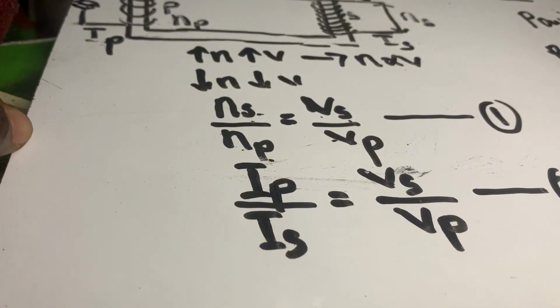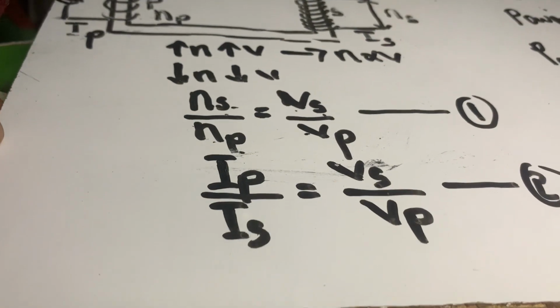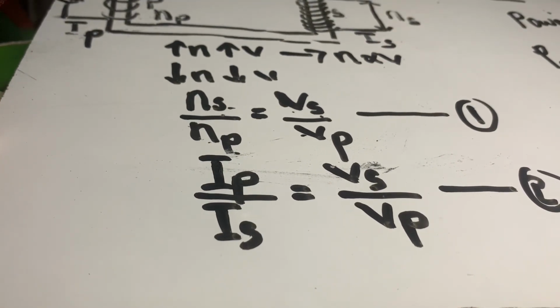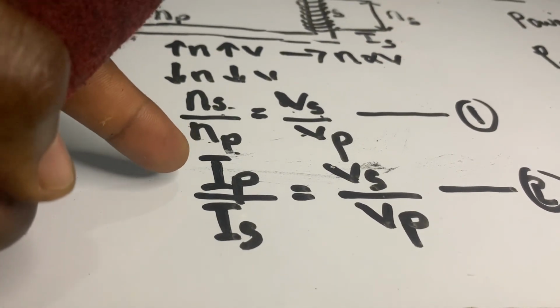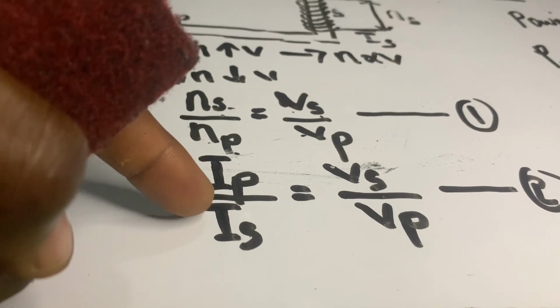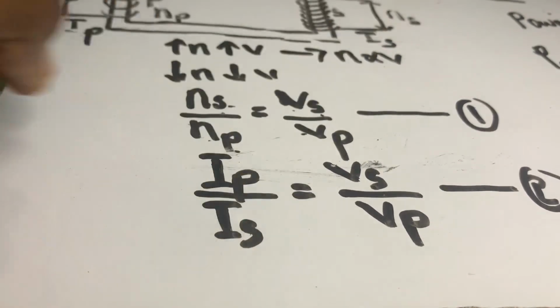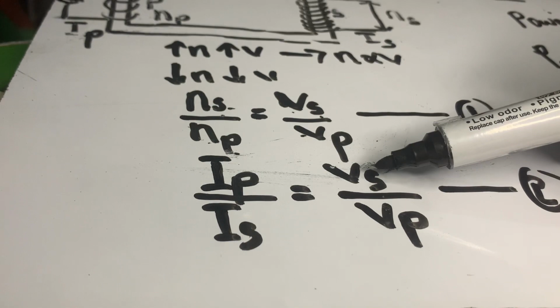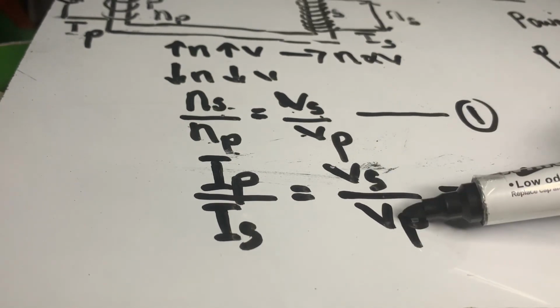And then we said for a transformer that is energy conservative, that means no energy will be lost, and for this reason power will be constant across the coils of the transformer. And so if we take the current at the primary coil and divide it by the current at the secondary coil, it should be equal to the voltage at the secondary coil over the voltage at the primary coil.